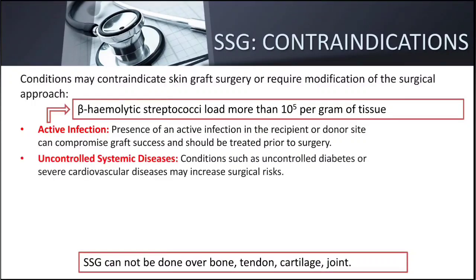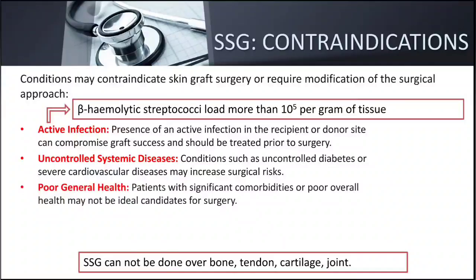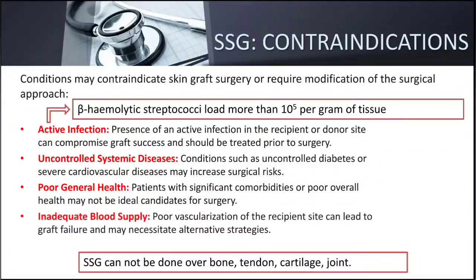Uncontrolled systemic diseases. For example, if someone has uncontrolled diabetes or severe cardiovascular disease, which may increase the surgical risk, you may need to modify this. You need to restabilize this patient. Poor general health: patients with significant comorbidities or poor overall health may not be ideal candidates for surgery.